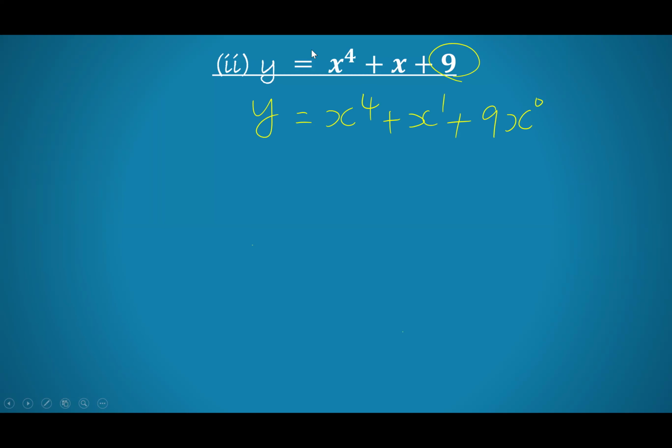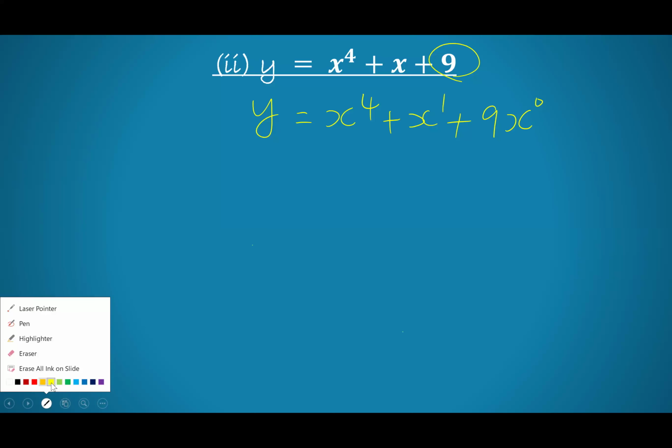Any number to the power 0 is what? Anybody who knows? Any number to the power 0 is 1. So that's why we don't put the x on the 9 or on the constant.